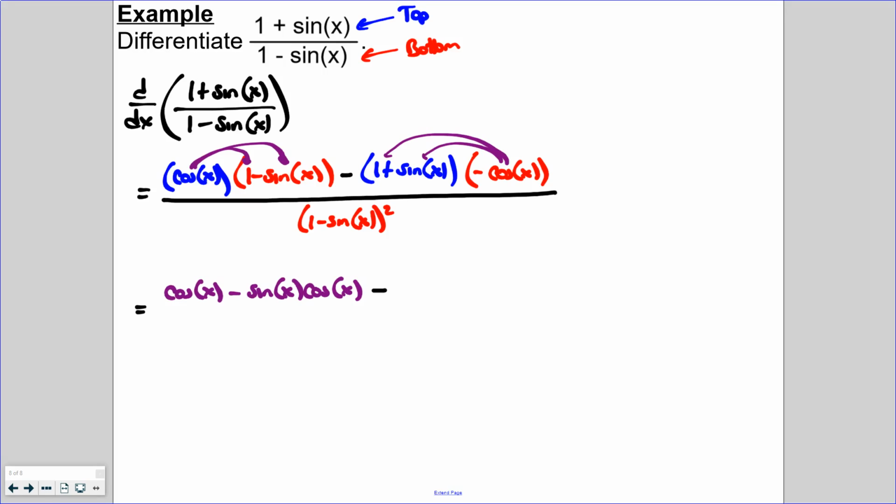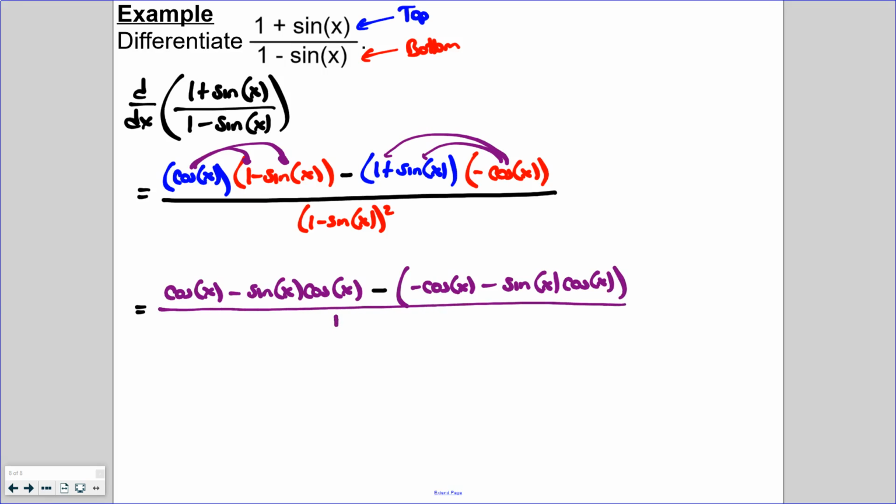And then minus, and since we have that minus operator here, I'm going to put the next expression inside parentheses, because again, we're going to have to distribute this minus sign into each of those terms. Now when we do some distribution, we're going to get negative cosine of x minus sine of x times cosine of x. And that's all over 1 minus sine of x quantity squared.